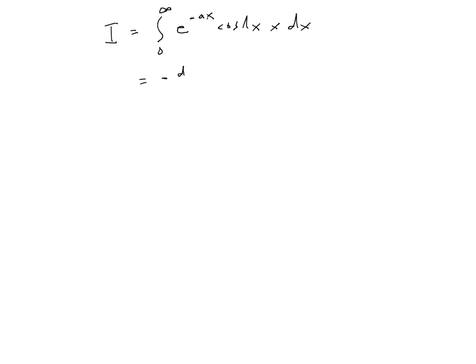So in other words, if I say that this is equal to the derivative with respect to a of the integral of e to the minus ax cosine lambda x dx, that's legit. Or I can even write it as the integral with respect to lambda of this exponential with a sine.